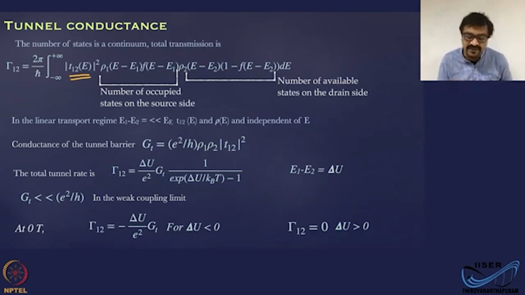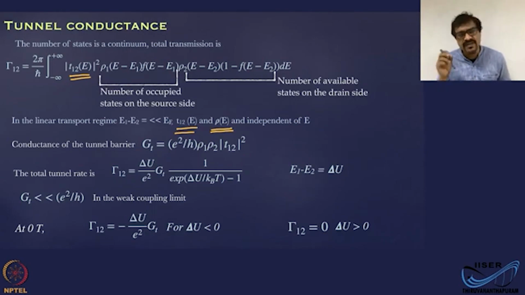What that means is E1 minus E2, the energy difference between the two sides, is far less than the Fermi energy. Okay, that means even though you have energy dependence for the transmission coefficient T and the density of states, we are discussing a very small energy range where both of these you can assume to be independent of energy.